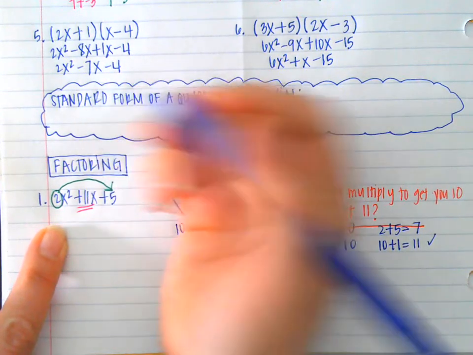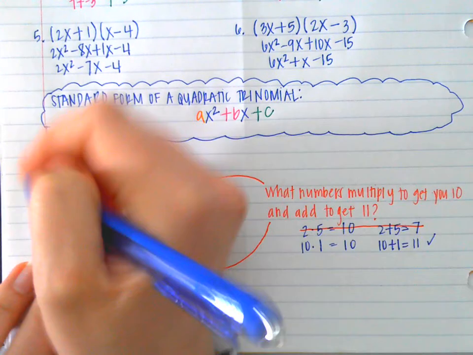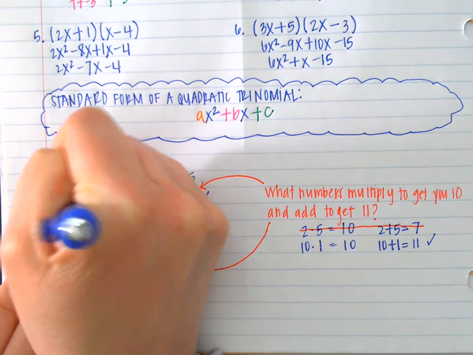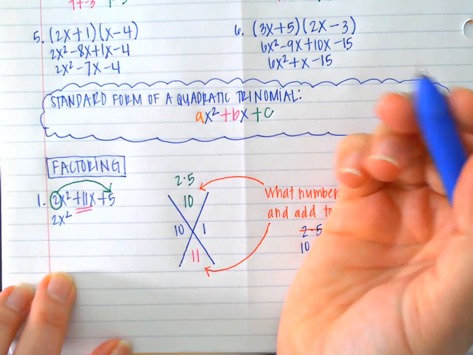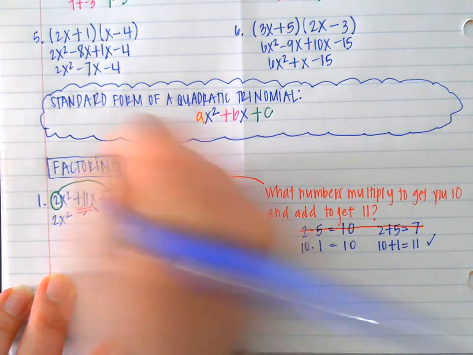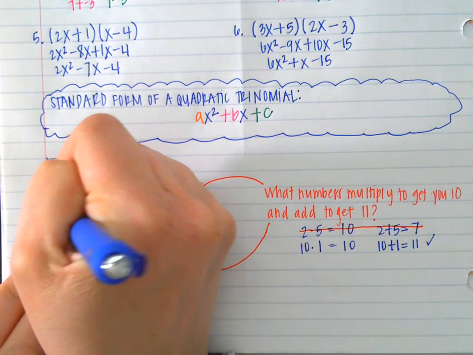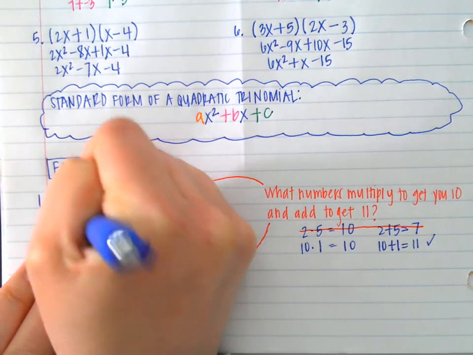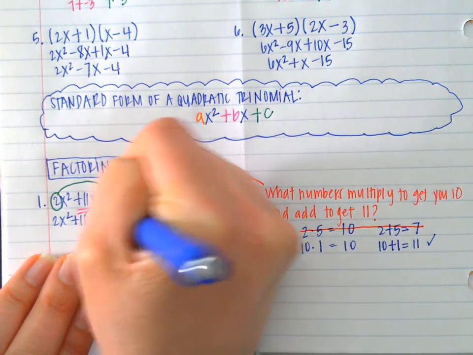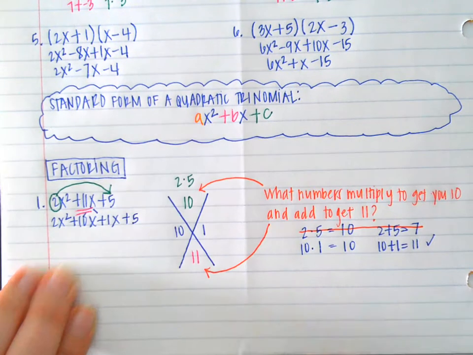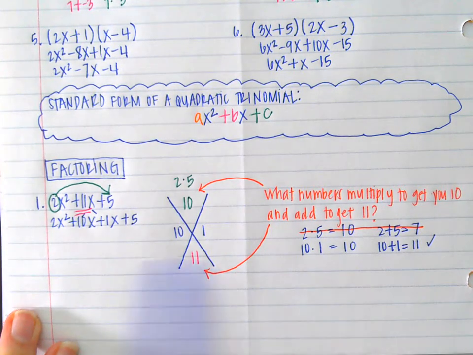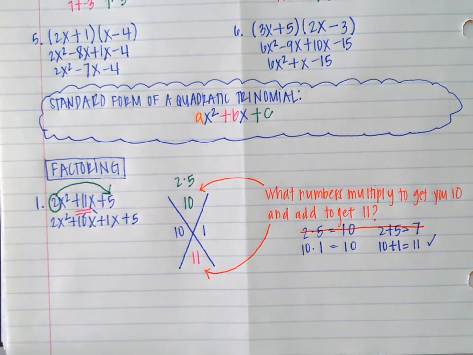So we're going to rewrite this entire thing. We're going to keep it as 2x squared. 2x squared isn't changing, but instead of writing 11x, we're going to split it into two terms. We're going to split it into 10x and 1x. And then the plus 5 stays the same. So we're splitting the middle term.